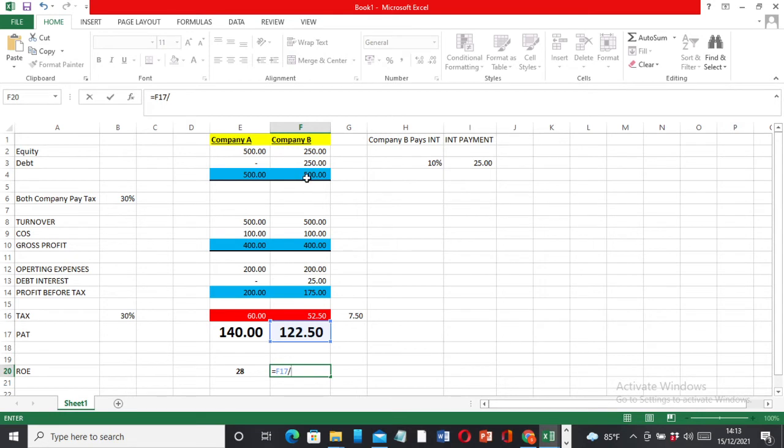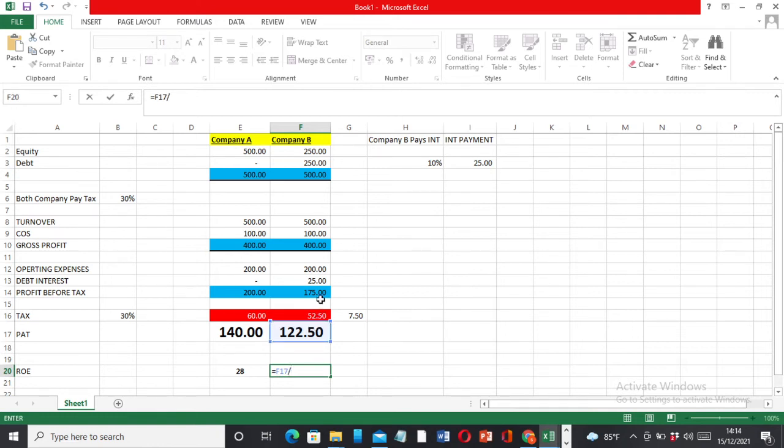This is 28% here in the case of company A. In the case of company B, 122.50 divided by the shareholders funds.